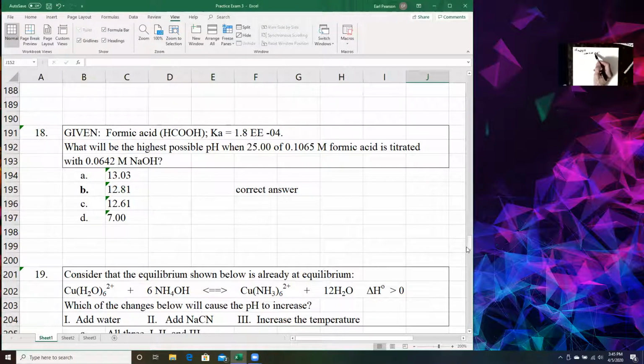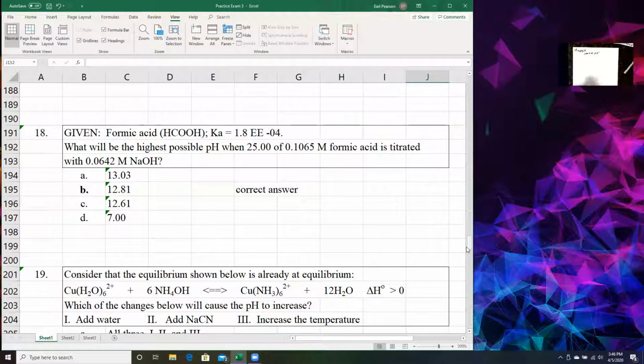And then I just take the negative log of that, and that would give me the values past the pOH. Now that goes so fast that it's going to jump about 2 pH units from 1 drop or so before the equivalence point to a drop after the equivalence point. You're going to have a jump of probably 3 or 4 pH units. So it's going to be very steep there, and it's going to level off at this.